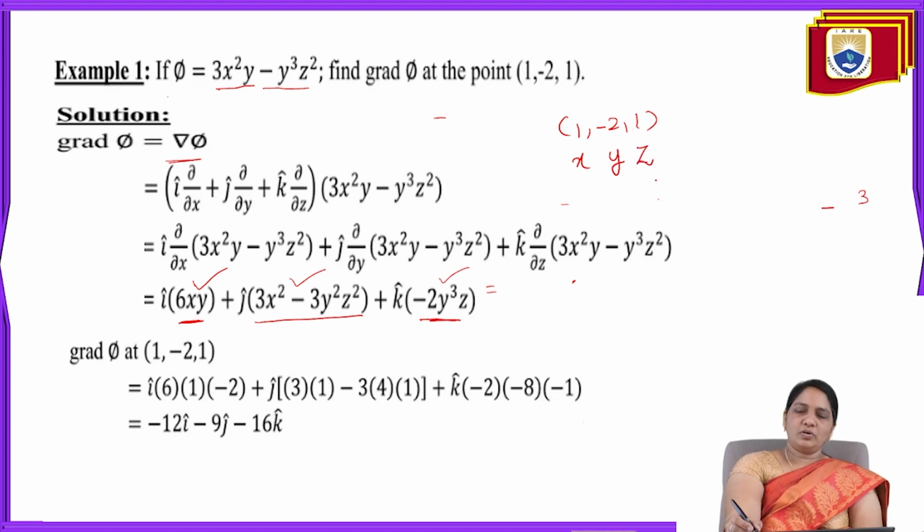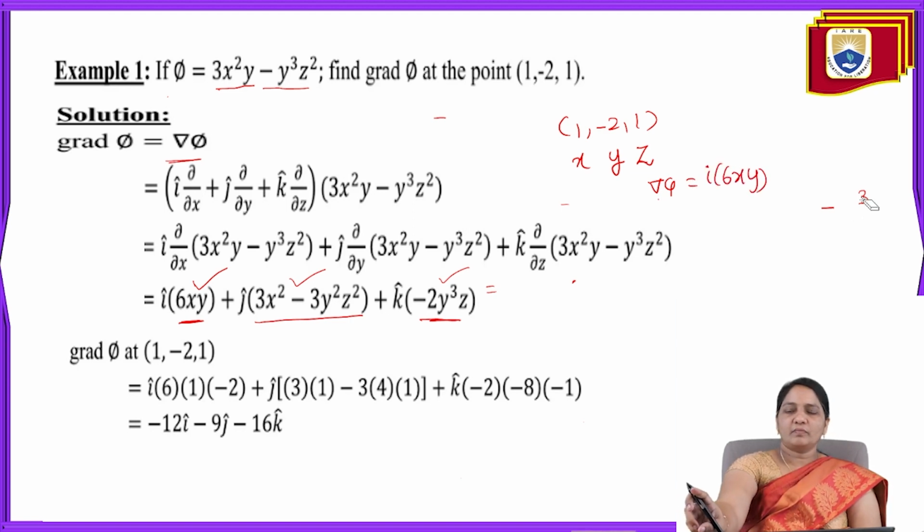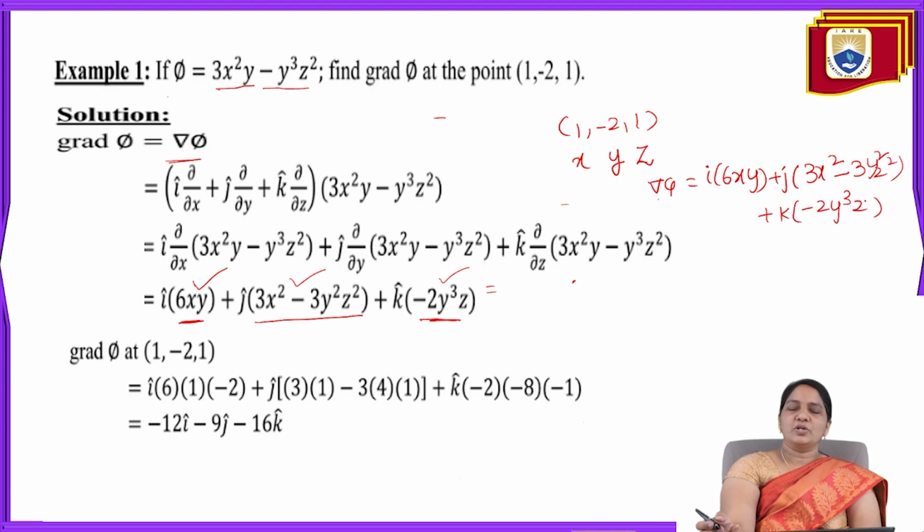So here I got del pi equal to i into 6xy plus j into 3x square minus 3y square z square plus k into minus 2y cube z. Here we are going to replace x equal to 1, y equal to minus 2, z equal to 1.